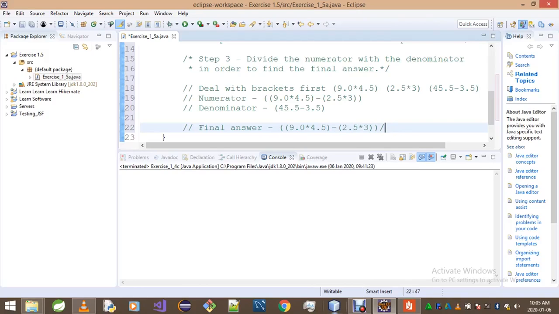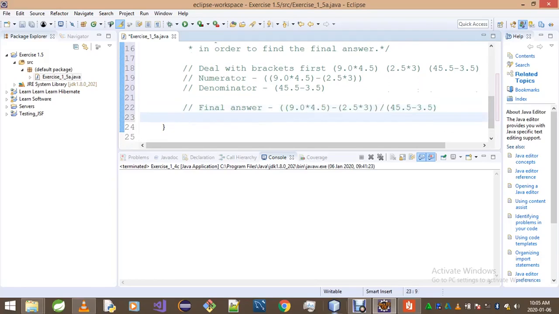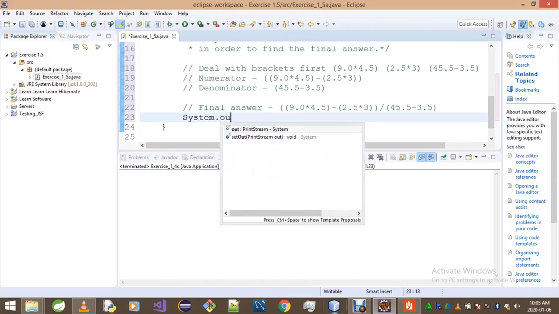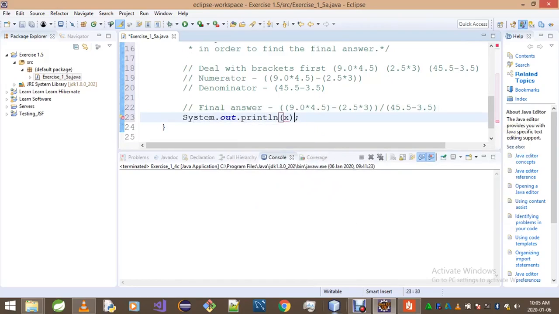So we've got this, the numerator divided by the denominator. Actually, this is our final answer. By the way, you can copy and paste this into your print statement. Actually, that is exactly what I will do. System.out.println. Or let's just go.